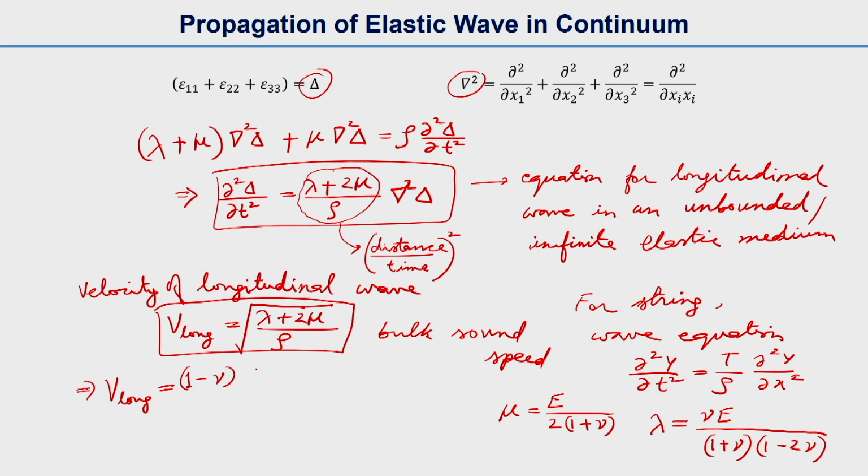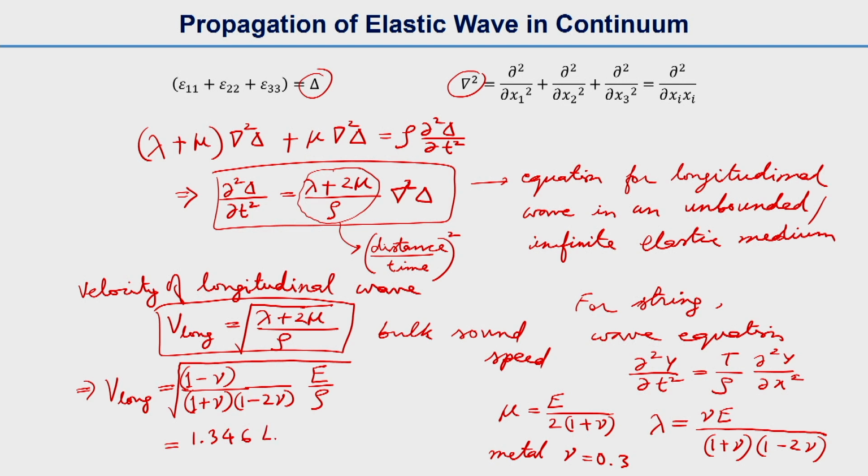This will be equal to 1 minus nu divided by 1 plus nu, 1 minus twice nu, and here E by rho, and the entire thing we need to take the square root of. Ultimately, if, let us say, for metal we assume that Poisson's ratio is 0.3, this will give you 1.346 E by rho, the square root of the whole thing.